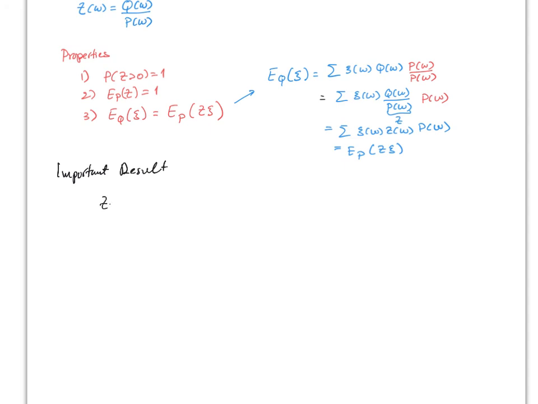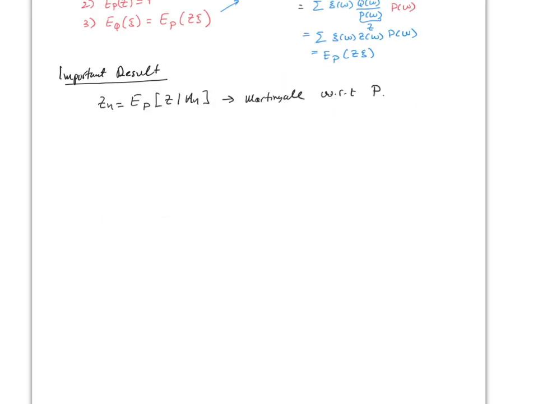You define Zn to be the conditional expected value with respect to P of Z given An, then this will be a martingale with respect to the probability P. Okay, so that's the important result we have here. And notice the similarity of this and what I said in the previous page or 2 pages about creating martingales by projection.